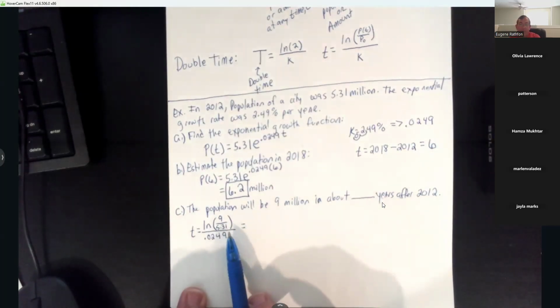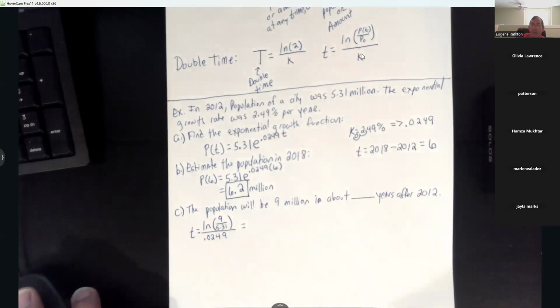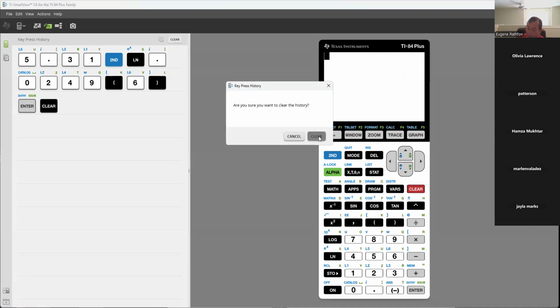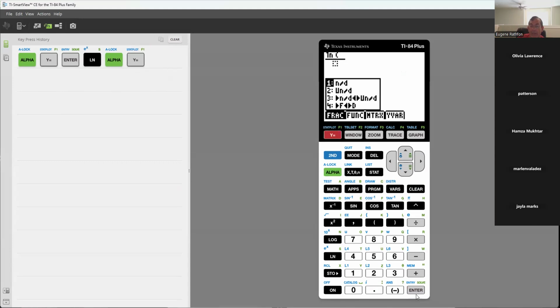You on this one now? Watch how I punch this one in. So I'm going to go to my calculator. Let me clear everything off. I'm going to use alpha y equals enter to get my main fraction. Then I'm going to hit ln. And the ln has a fraction, so I'm going to hit alpha y equals and enter to make that look like a fraction.